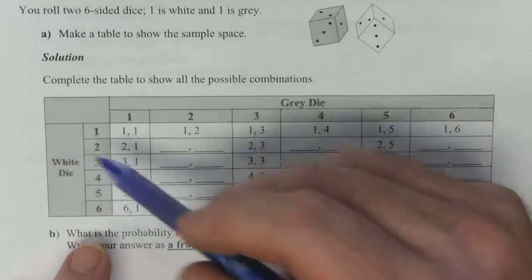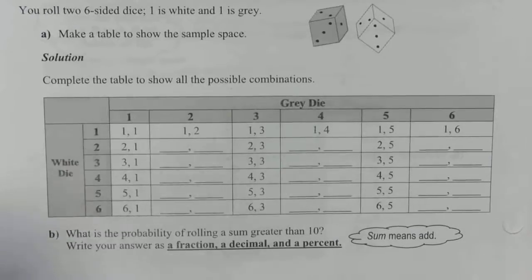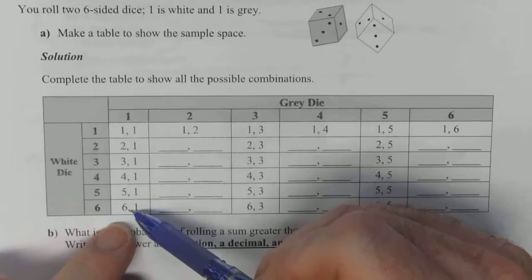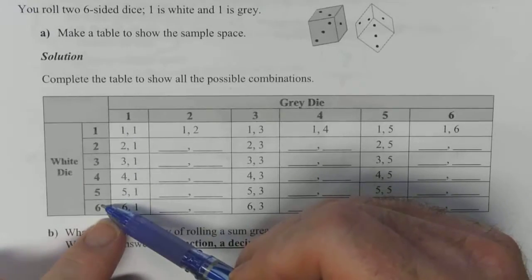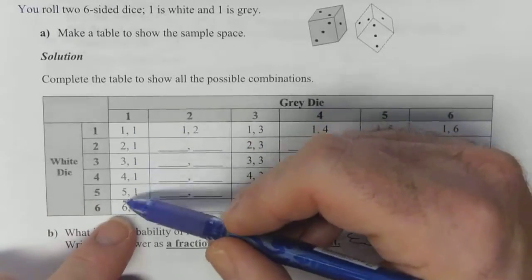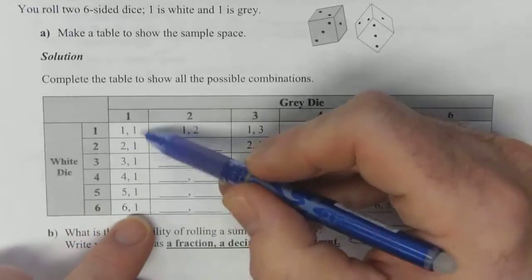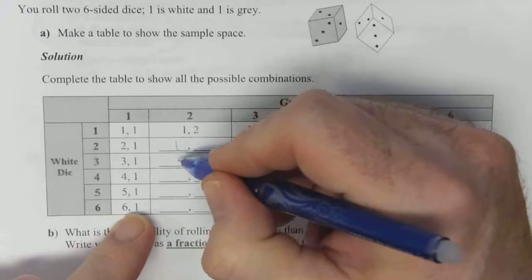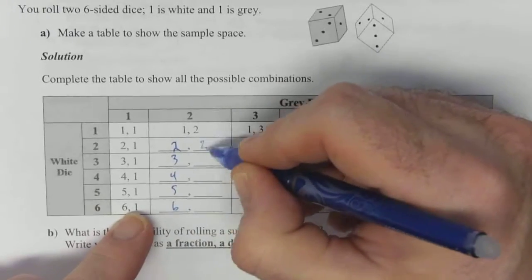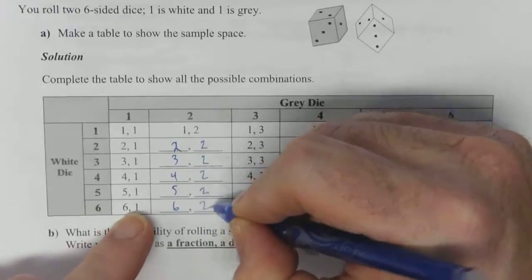So once you've got that table built, then you fill the cells with the possible outcomes. And the first number listed is the white die number. The second number is the gray. So 1, 2, 3, 4, 5, 6, and then the second number is a 1 here. 1, 2, 3, 4, 5, 6, with the second number being the 2 on all of these.